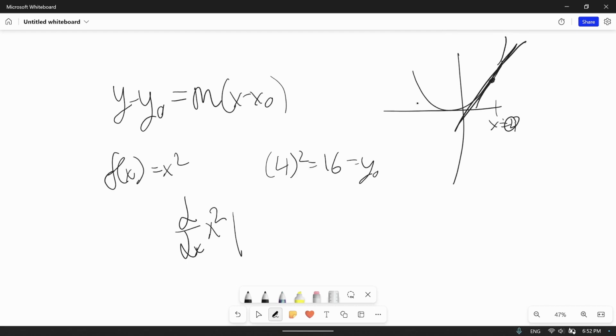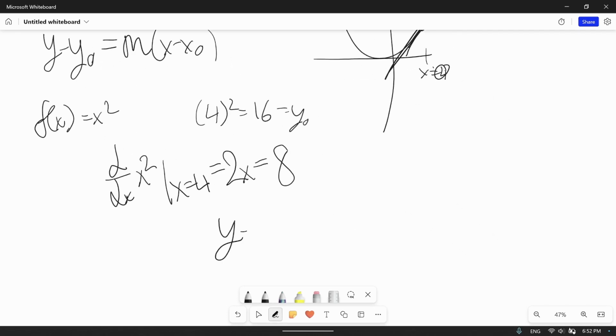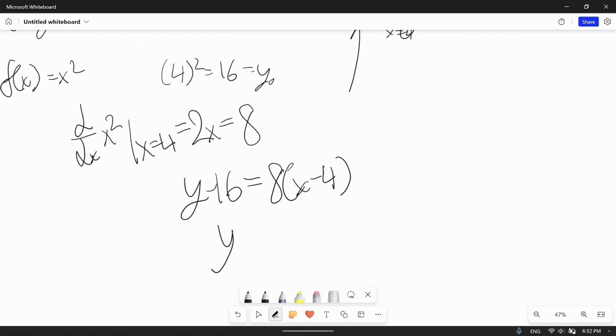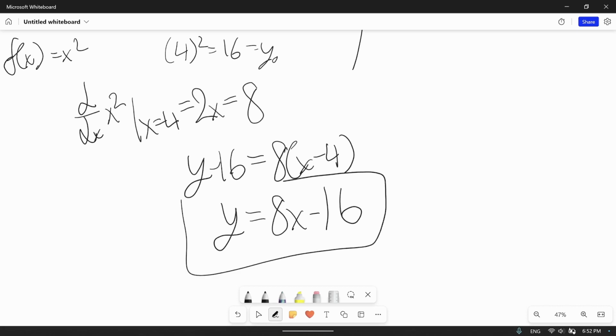The derivative of x squared is 2x, and since x is equal to 4, we have 8. So now we have y minus 16 is equal to 8 times x minus 4. And so we get y is equal to 8x minus 16. Basically, this is our tangent line.